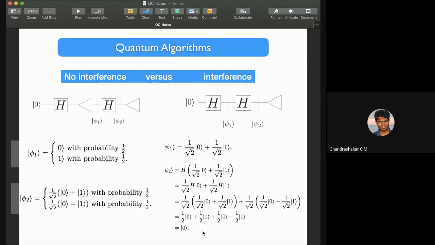So a simple two times Hadamard operation shows that there is interference in a quantum state evolution. What has happened is destructive interference of state 1 and constructive interference of state 0. So this is with a simple Hadamard operation.